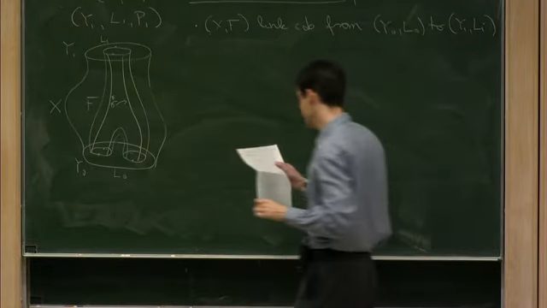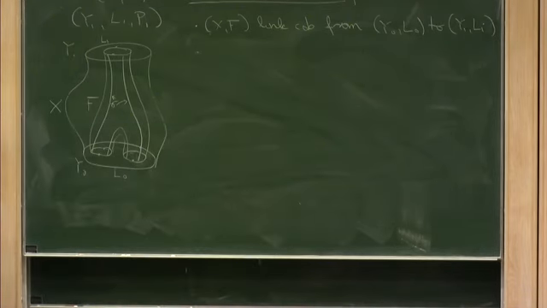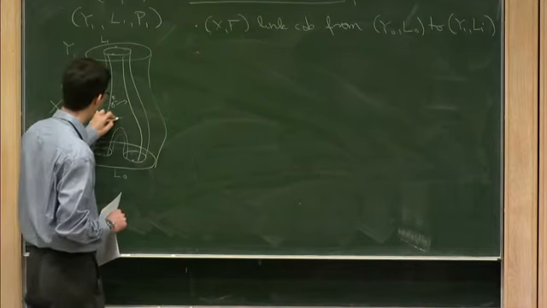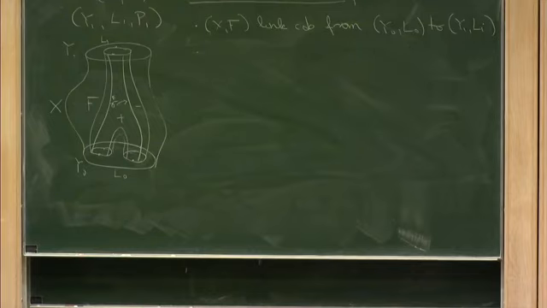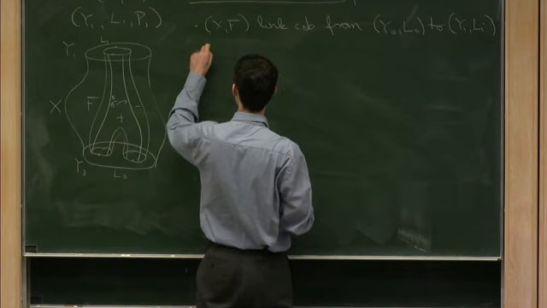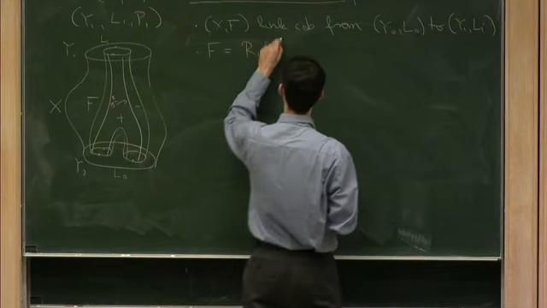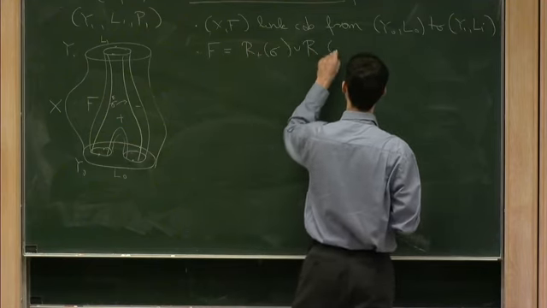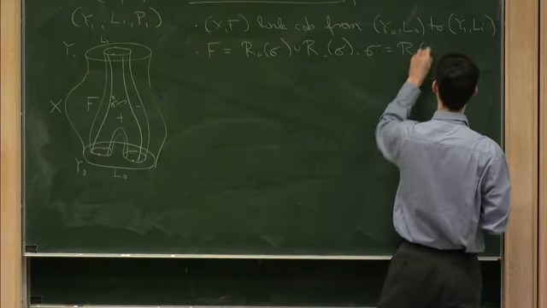And just like in the case of these dividing points P, the sigma divides the surface F into a positive and a negative part that I denote by R plus of sigma and R minus of sigma. So F is the union of R plus of sigma and R minus of sigma, and sigma is the intersection of these two subsurfaces.